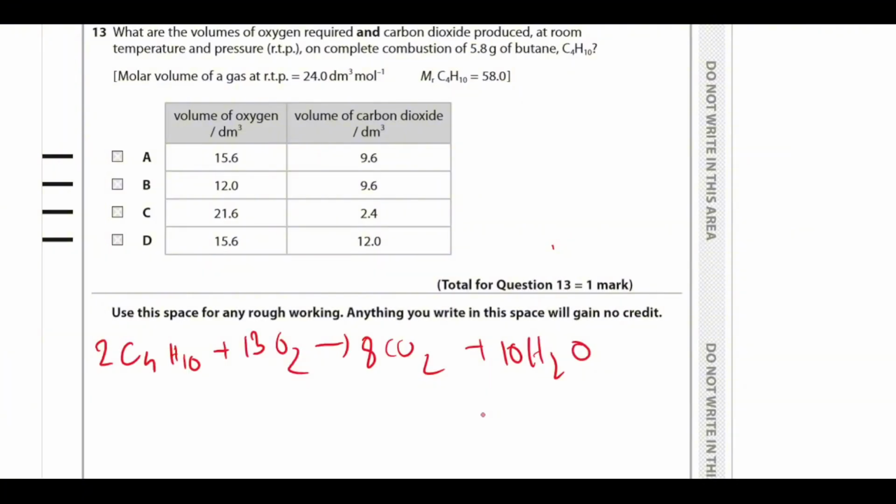Okay, so we know the molar mass is 58 gram per mole of C4H10, so we can easily find its moles. We are provided with the mass, which is 5.8 grams, so 5.8 divided by 58.0, that would be 0.1 mole of C4H10.